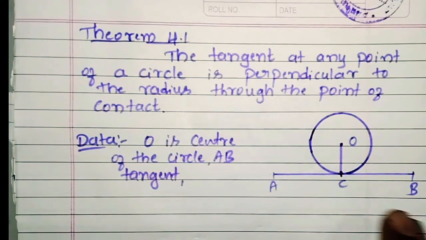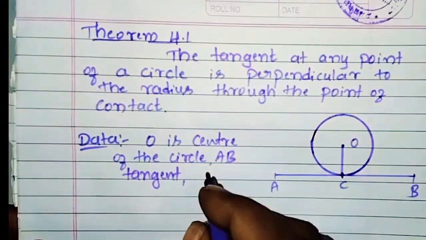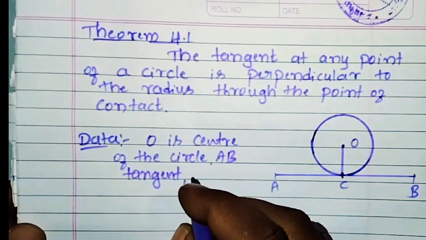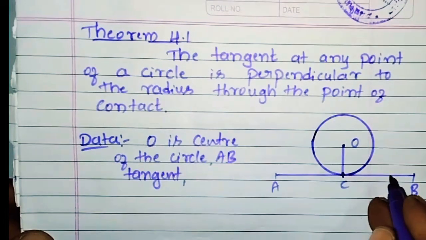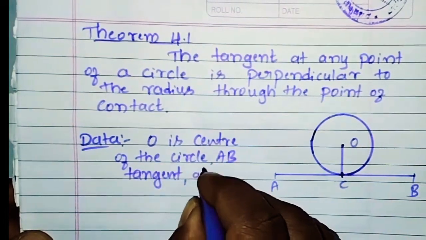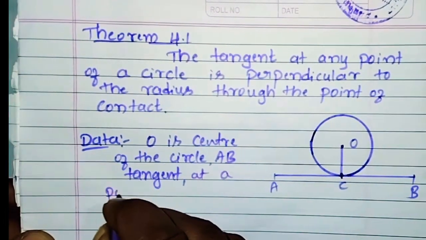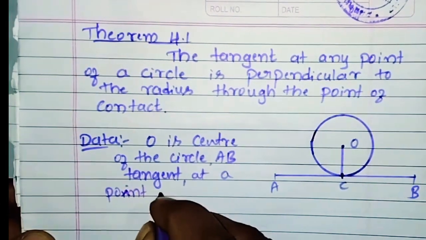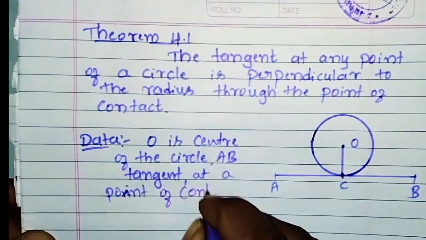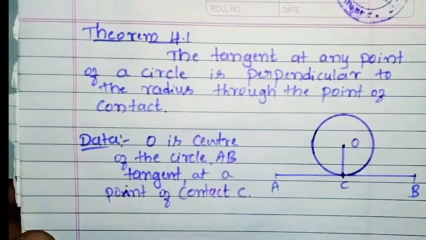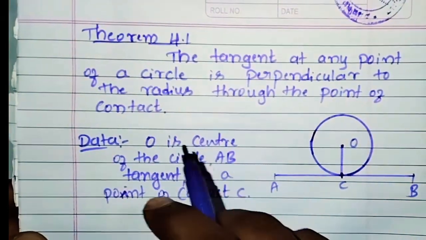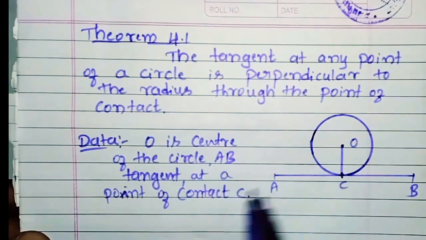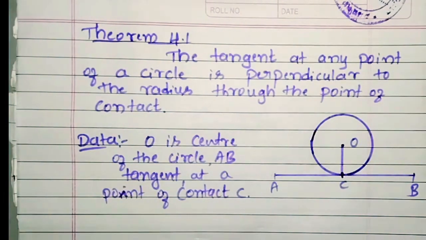And what is C? C is the point of contact. So, AB is a tangent at the point of contact C. Got it? O is the center of the circle, and AB is a tangent at the point of contact C.